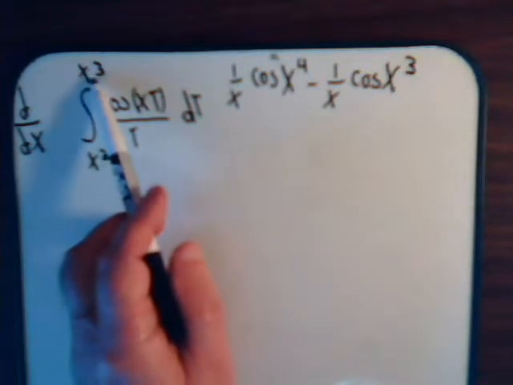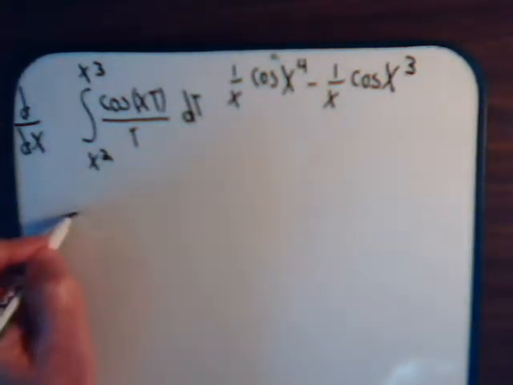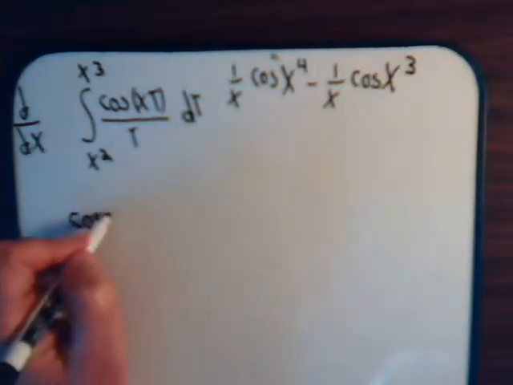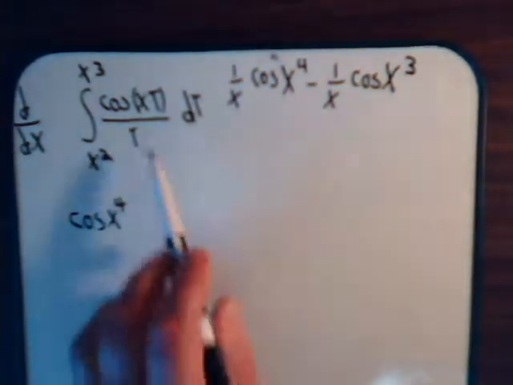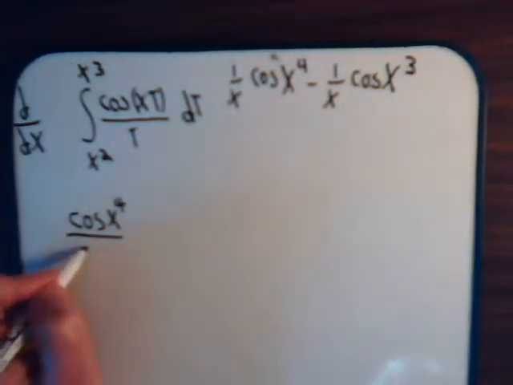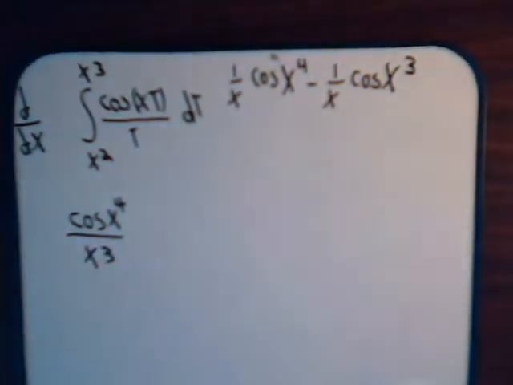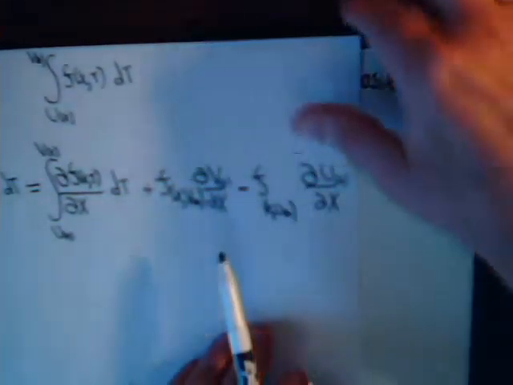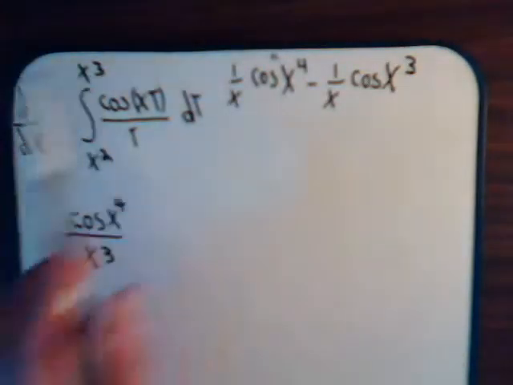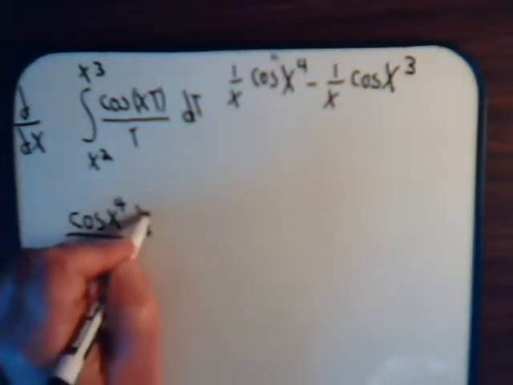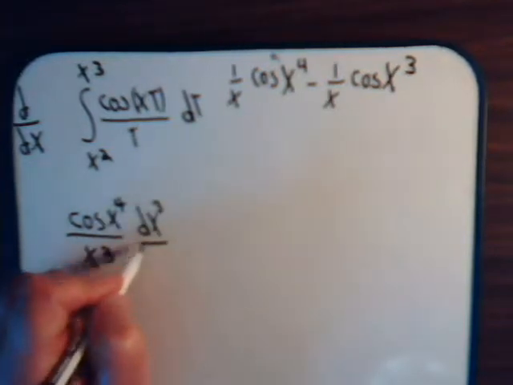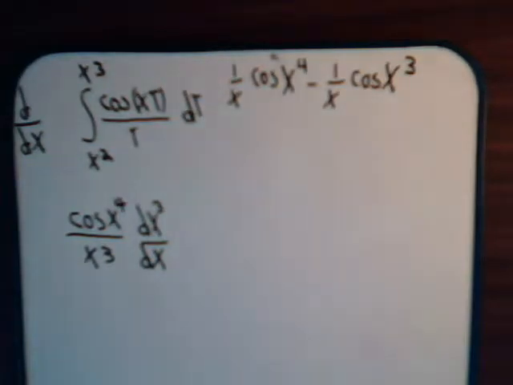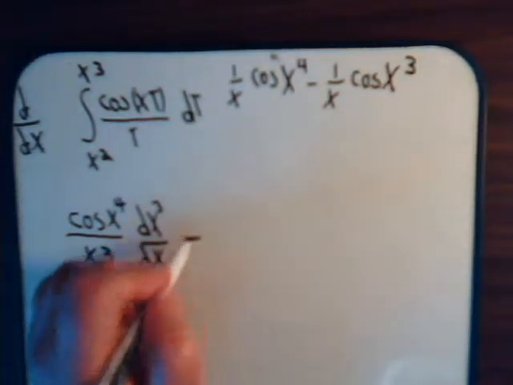Replace t with x cubed. So the cosine. T is now x cubed, so that's x to the fourth. T is x cubed. And then we have the derivative of v with respect to x. That's x cubed, so we have the derivative of x cubed with respect to x.